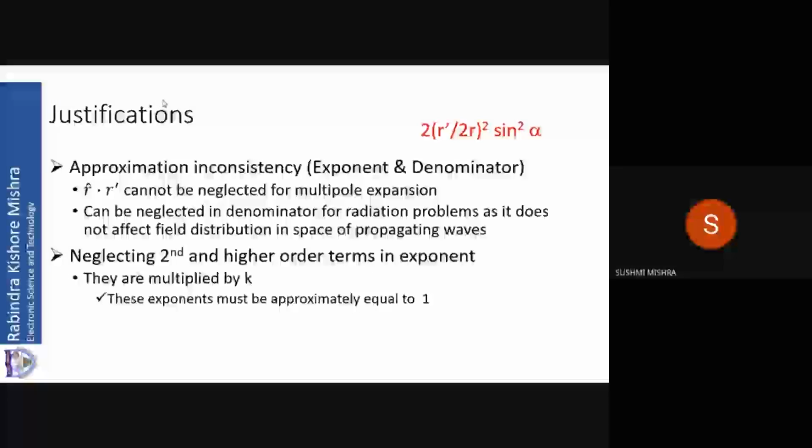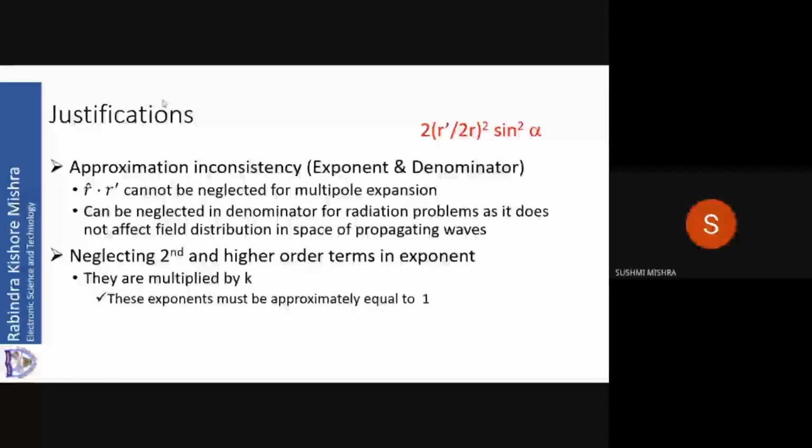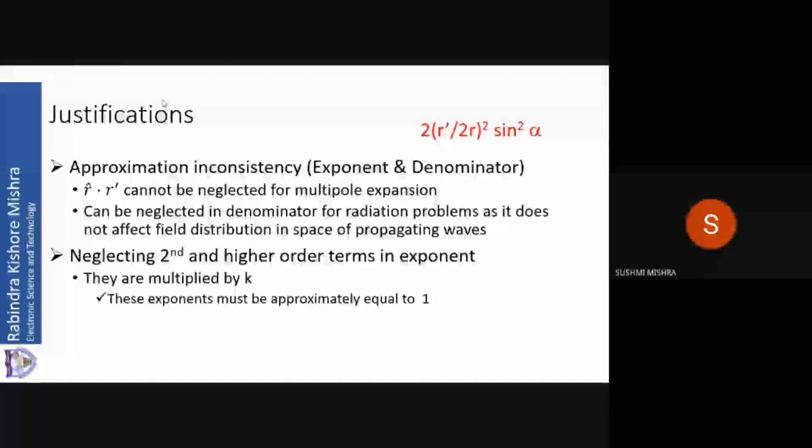So this is multiplied by 2 pi upon lambda, and when r is very large, this will give us a value which is approximately equal to 0. So this will be e to the power 0. e to the power 0 is equal to 1. Since these are approximately equal to 0, when we multiply them with k, they give approximately 0.